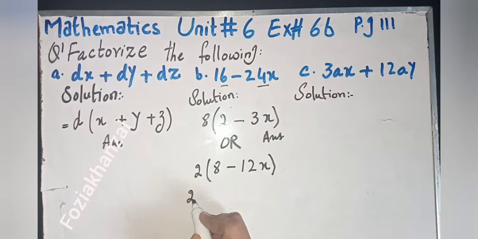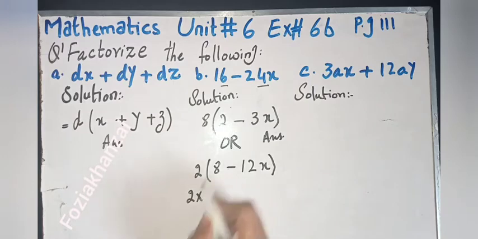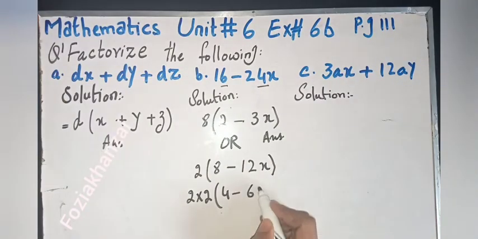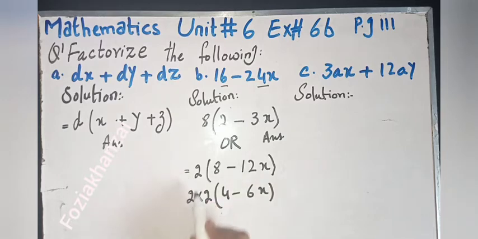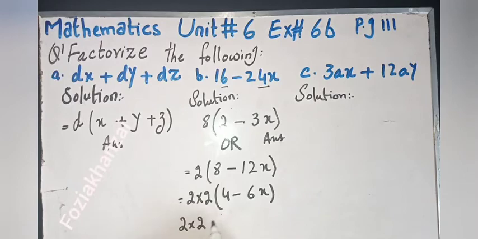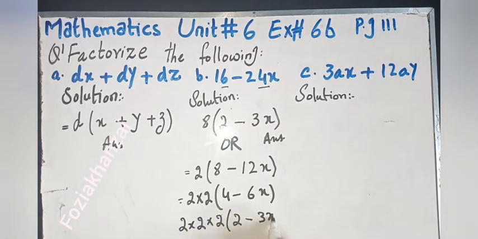This 2 is copied as it is, 2 multiplied by, or it's up to you, use round bracket. 2 again common, 2 fours are 8 minus 2 sixes are 12x. Next step, again in this bracket 2 is common, so again we take common 2, 2 twos are 4 and 2 threes are 6x.